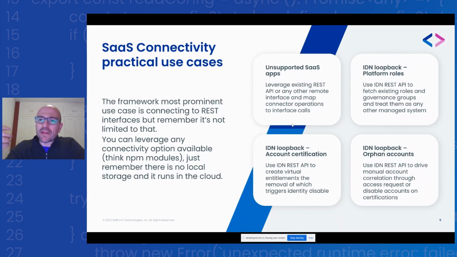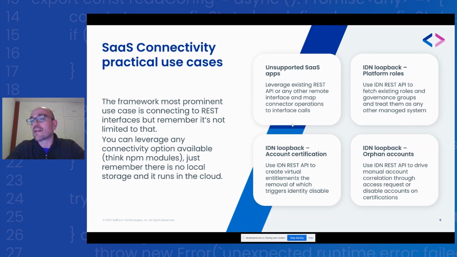First example would be the platform roles connector, and with the platform roles connector, what we try to do is to manage all the IDN capabilities, which is you give admin permissions, report admin permissions, help desk permissions, etc. on the platform through a connector. So you can use roles, you can use that in certifications, you can request it from the request center, all that stuff that you do with a normal system, you can do with IdentityNow.